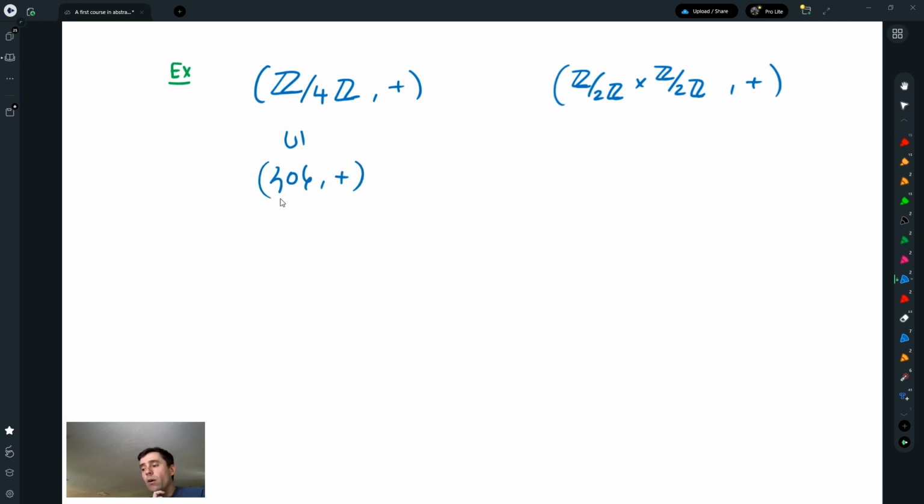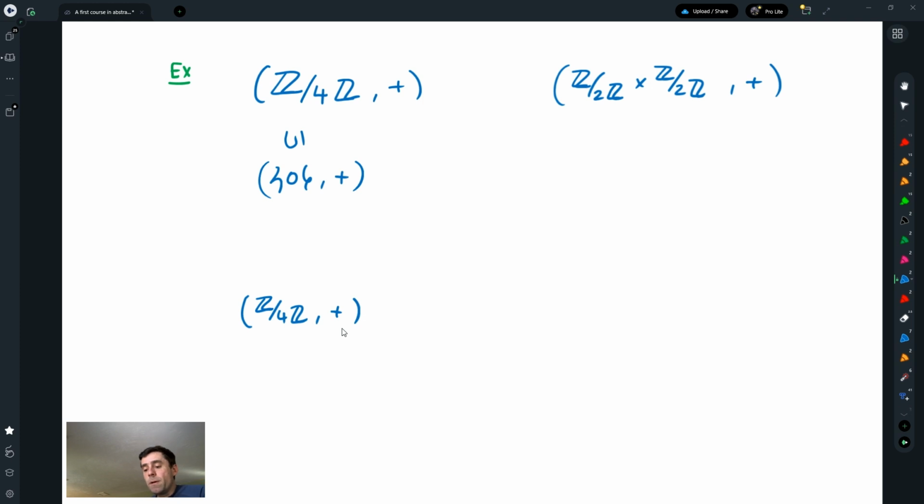And now, what other subgroups are there? If I have the element 1 in my subgroup, then 1 plus 1 is 2, plus 1 is 3, plus 1 is 0. Therefore, I would have the entire group. So I also have the entire group, which is just everything.